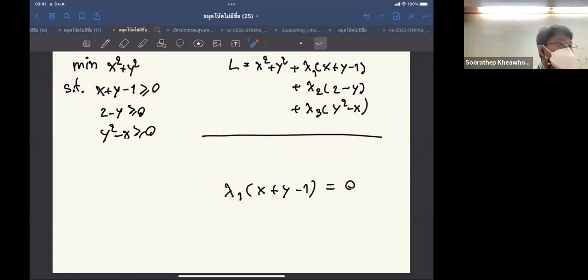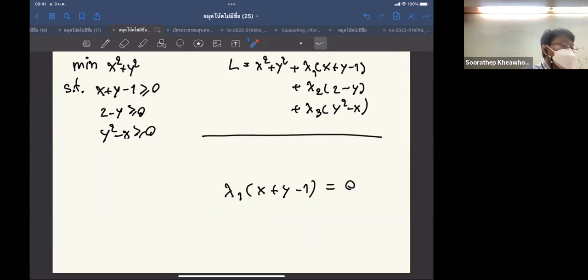However, if x plus y minus 1 is positive, not active, and you force the product to be 0, then lambda 1 must be 0.